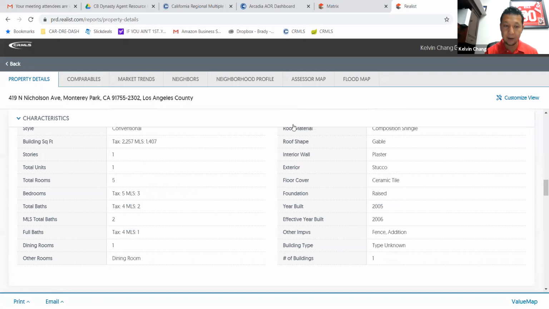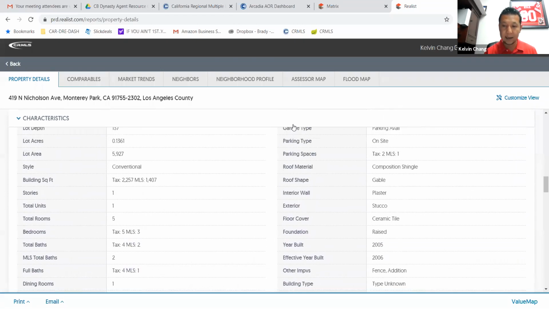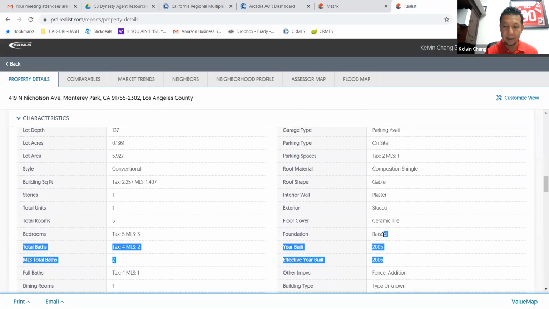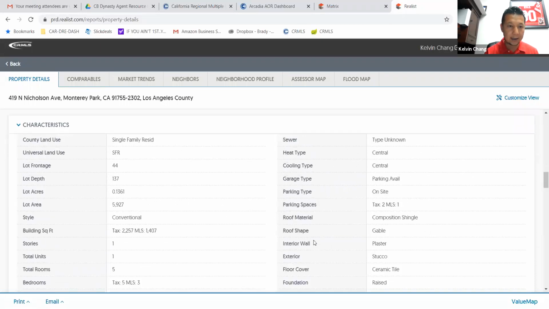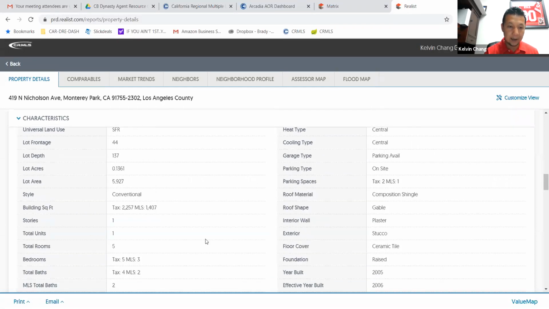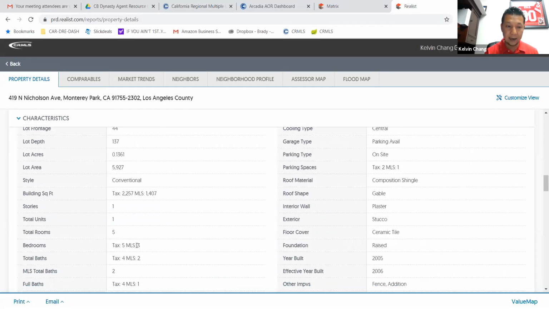Okay, so they have the permits and things that they did, because back in 2005, you can see over here, it was constructed and they did have the plans, and they built a guest house as well as a legal unit. Okay, so this is only reflecting 5 bedrooms and 4 bathrooms. So right now, it's not showing or reflecting the guest house portion.